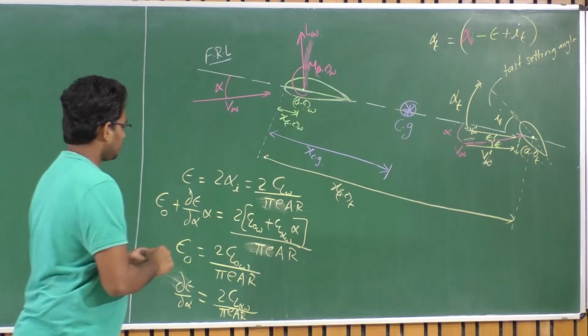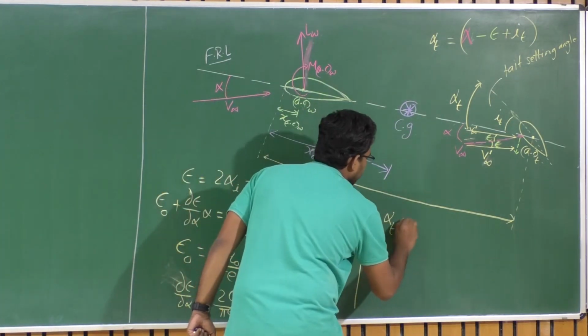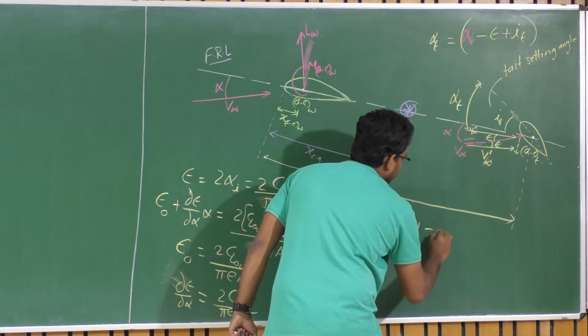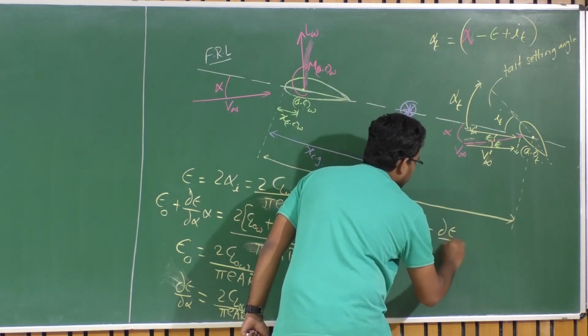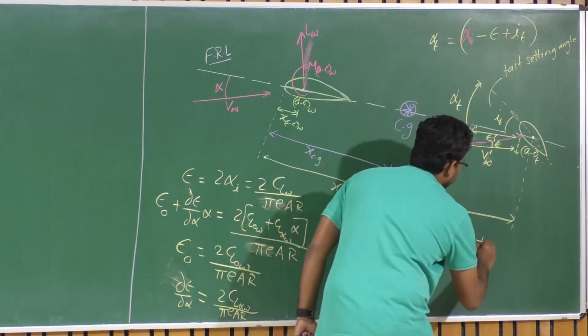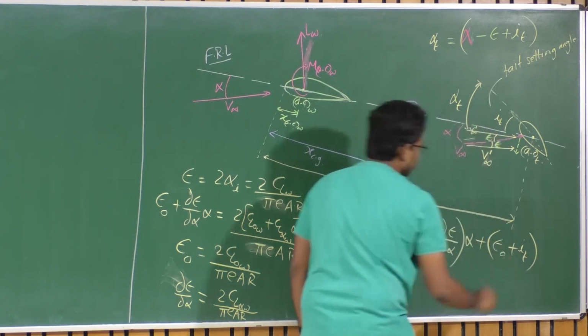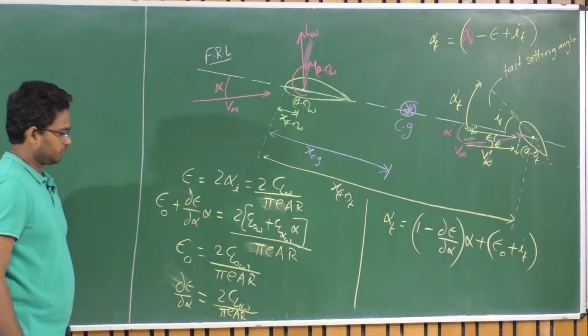Okay, so what can I do further? So alpha t is equal to 1 minus dou epsilon by dou alpha times alpha plus epsilon naught plus i of t. Isn't it? Am I correct or not?